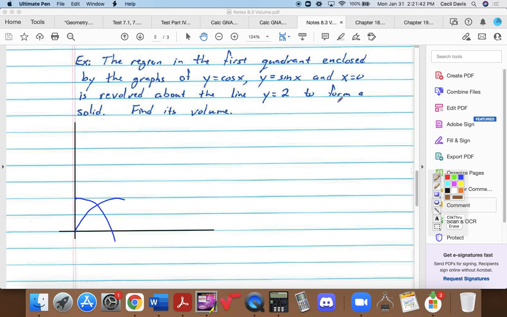And what is x equals 0? It's the y-axis. This is the enclosed region. And then we're going to revolve that around the line y equals 2, which is way the heck up here.